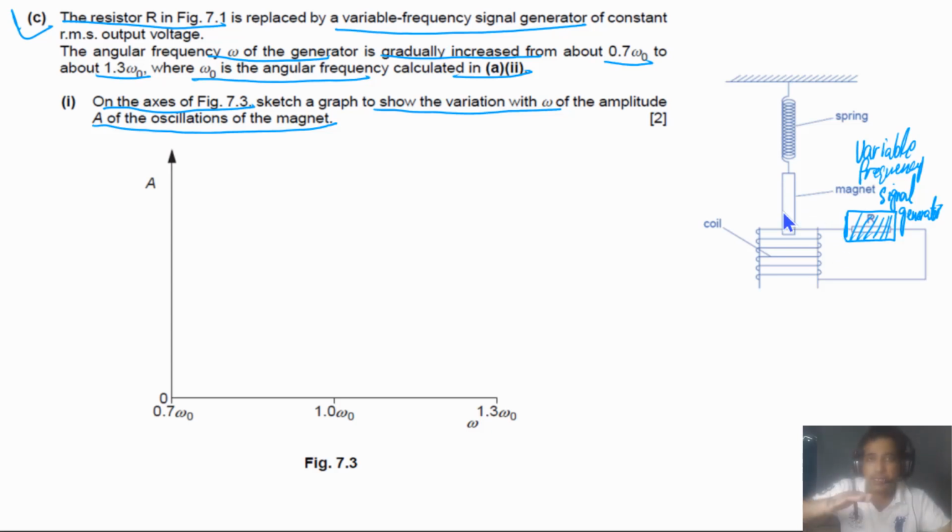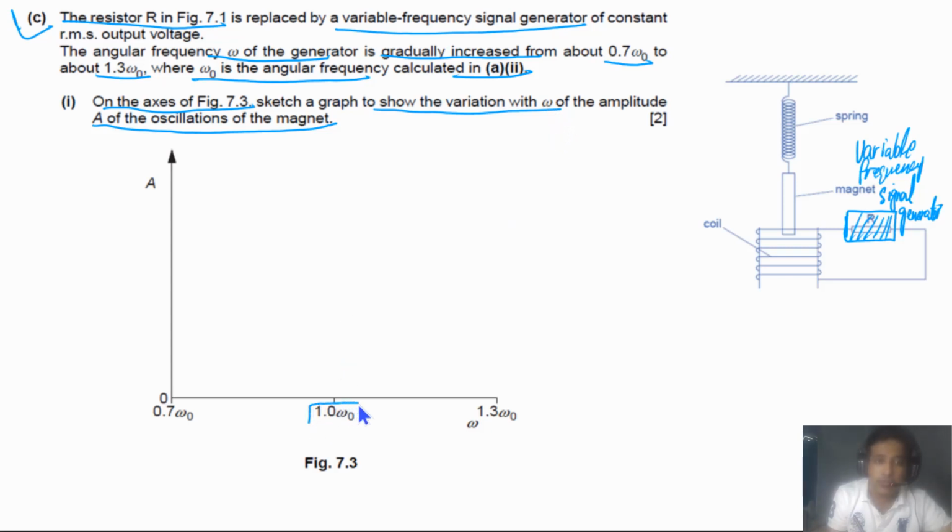And this magnet has a certain natural frequency. It is oscillating with a certain natural frequency. At one instant the two magnets will repel each other, and at another instant they will attract each other, meaning there will be electromagnetic forces. If we keep on changing the frequency, at one certain frequency, when the frequency of the magnetic field in this coil matches the natural frequency of this oscillating magnet, resonance will take place, and that will be at omega naught.